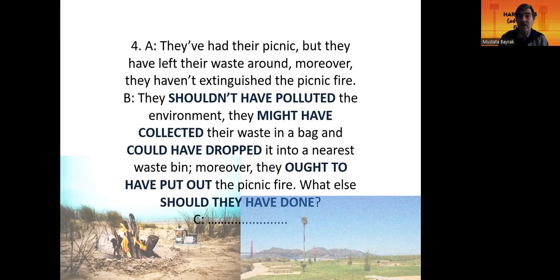B says, they shouldn't have polluted the environment. They might have collected their waste in a bag and could have dropped it into the nearest waste bin, or they could have brought it to their home, to put in the trash bin at home.